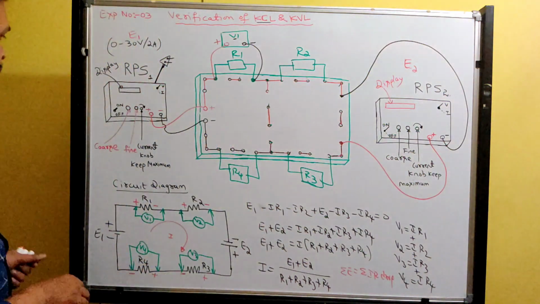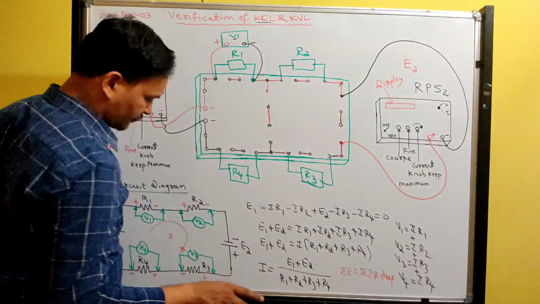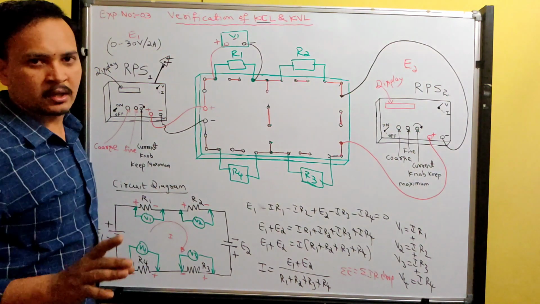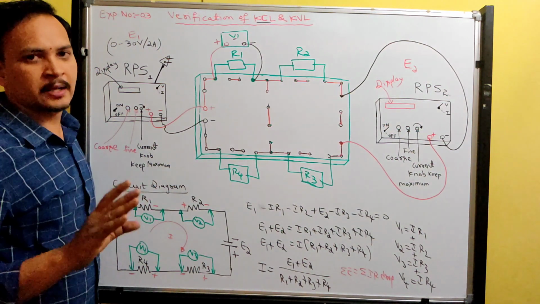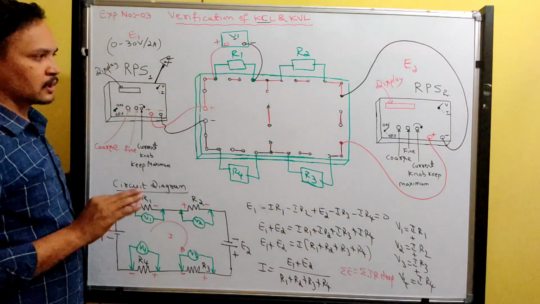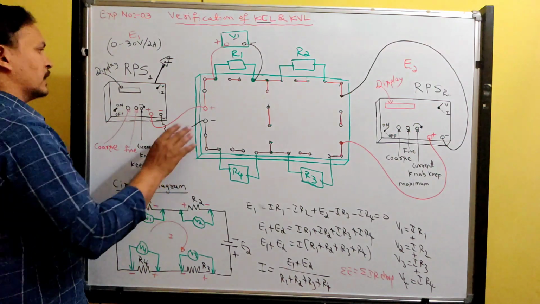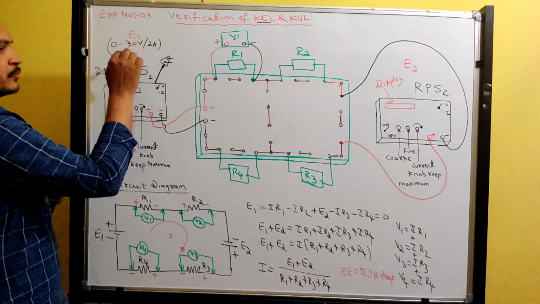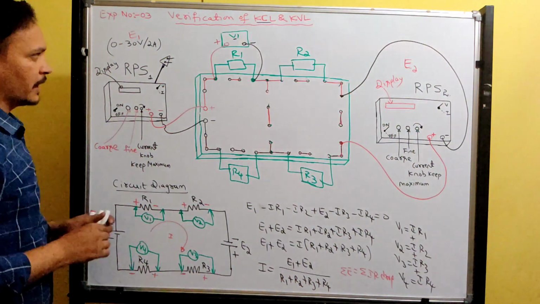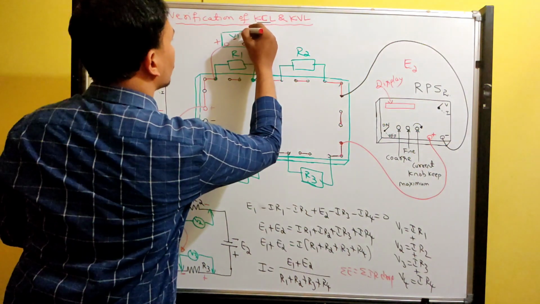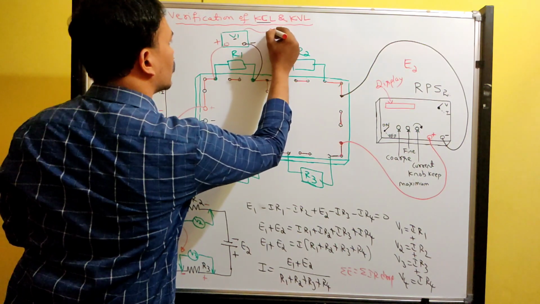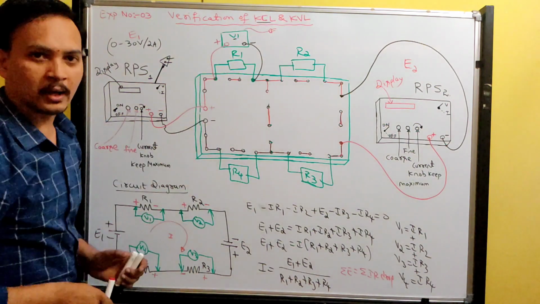Okay, got it? See guys, once everything is done, you must call the professor. Don't switch on anything in the laboratory without getting permission from the professor. So once everything is cleared and the professor says okay, then you should connect the plugs of RPS1 and RPS2. For this voltmeter also, one long tail is there, and that should also connect to the plug.